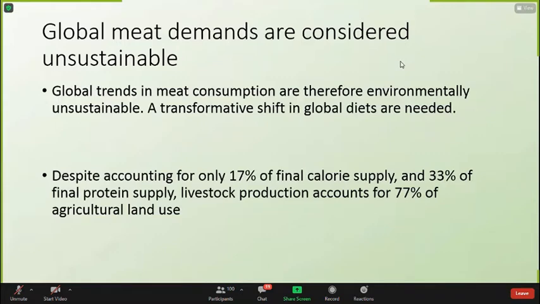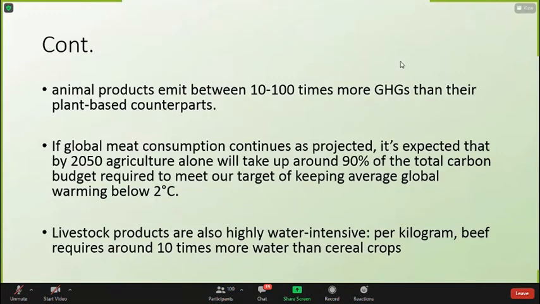Talking about global meat demand, which is considered unsustainable, the global trend in meat consumption is environmentally unsustainable. So a transformative shift in global diet is needed, basically. If you look at the environmental impact, animal products emit between 10 to 100 times more GHG than their plant-based counterparts.